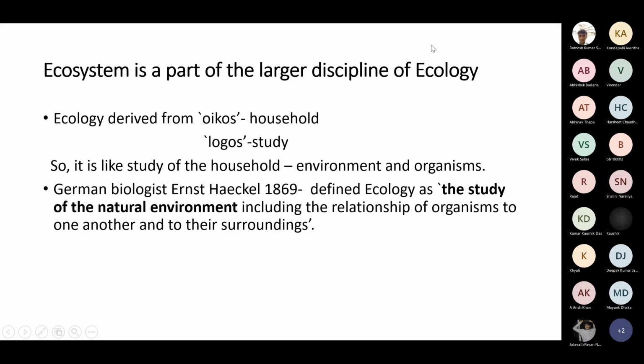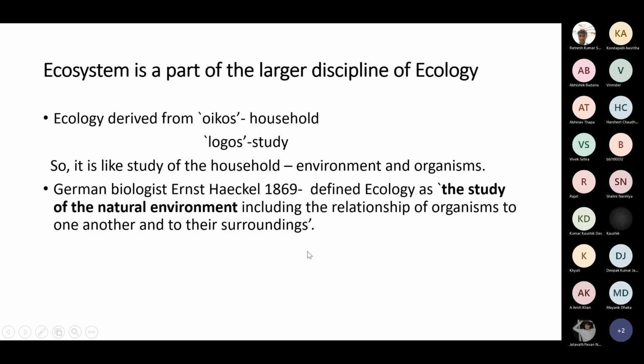The term ecology is derived from the Latin word oikos, which means household, and logos, which means study. So ecology is actually the study of the household. In the household, the term environment is also included, so it is environment and organisms.